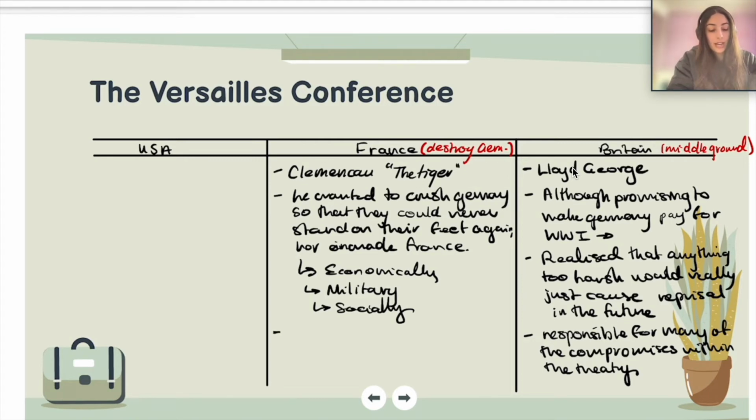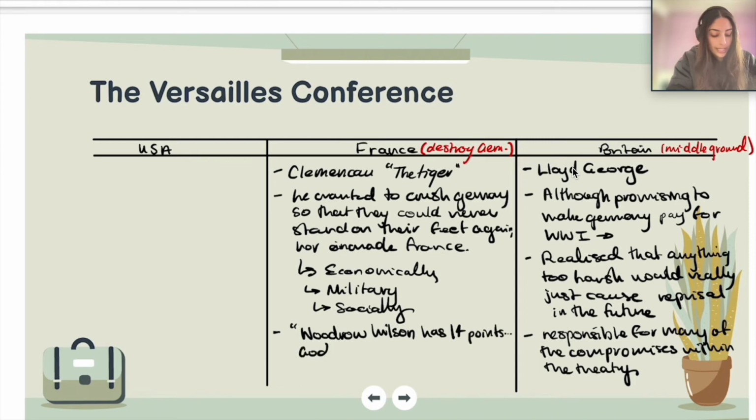And he has a famous quote where he is sort of showing his disagreement with the USA and with Woodrow Wilson. He says that Woodrow Wilson has 14 points.